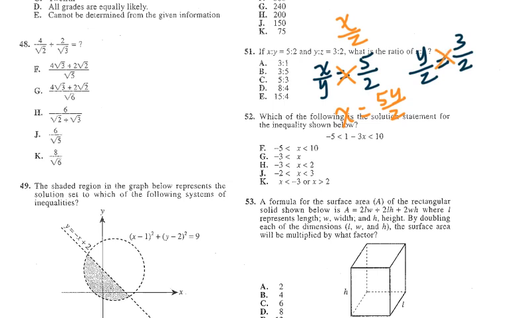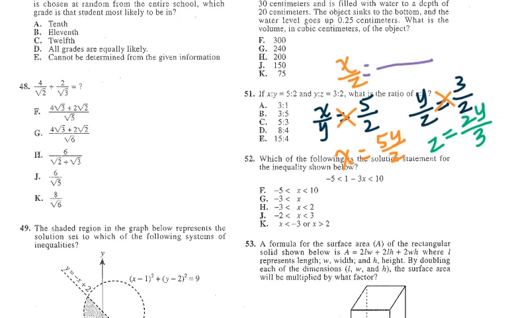And this one we cross multiply, you will get z equals 2y over 3. Then we plug in, you will get 5y over 2, then you have 2y over 3.